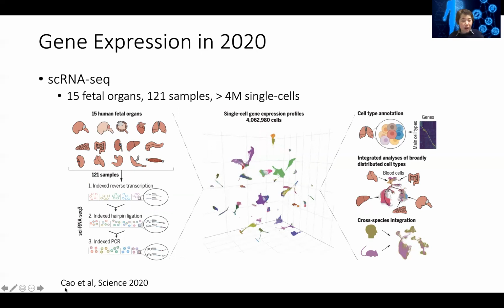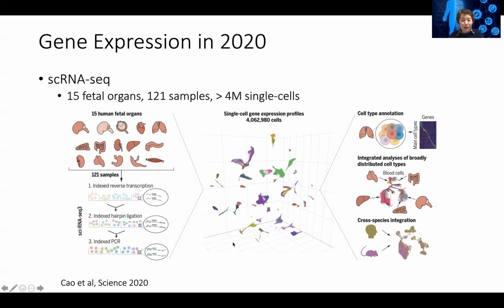And so this is a recent study that was published last year in Jay Shendure's lab at University of Washington, where they took 15 different fetal organs and 121 different samples, and using a technique that they developed called sci-RNA-seq. It's a kind of split pool approach, which we will discuss later in this course.